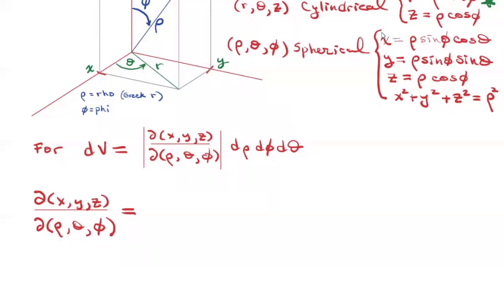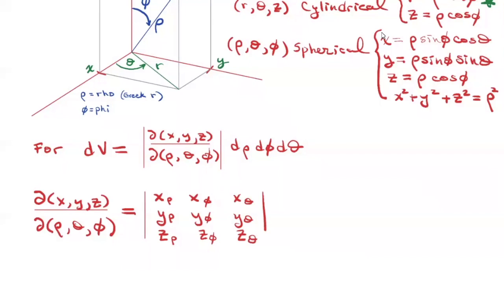So you're going to have to do the determinant of x with respect to rho, then x with respect to phi, and then x with respect to theta. And then y rho, y phi, y theta. And z rho, z phi, and z theta.